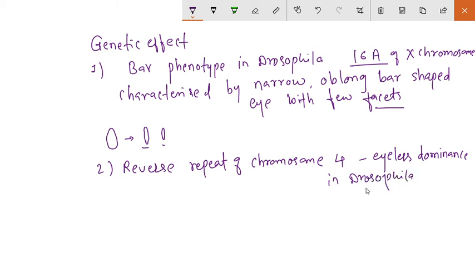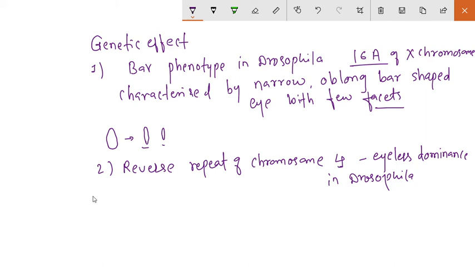In the Drosophila. Okay, so the reverse repeat of the chromosome number 4, chromosome number 4 मध्ये जर रिव्हर्स डुप्लिकेशन झालं तर it produces the eyeless dominance in the Drosophila.